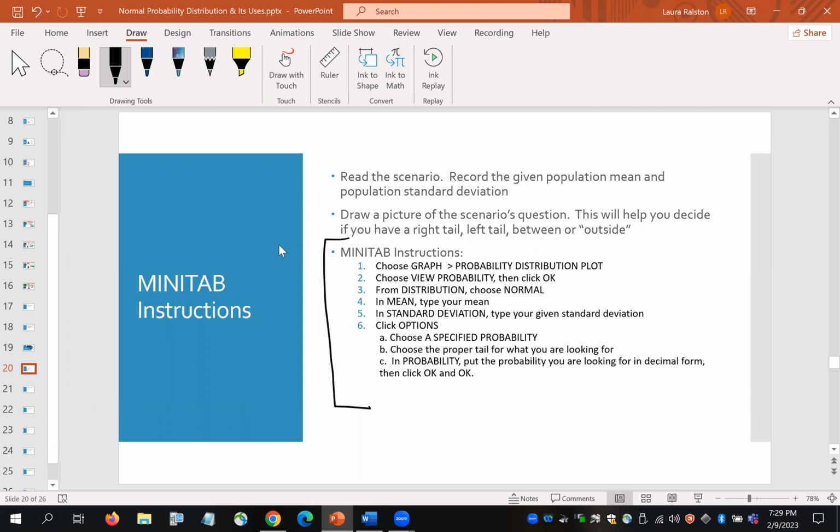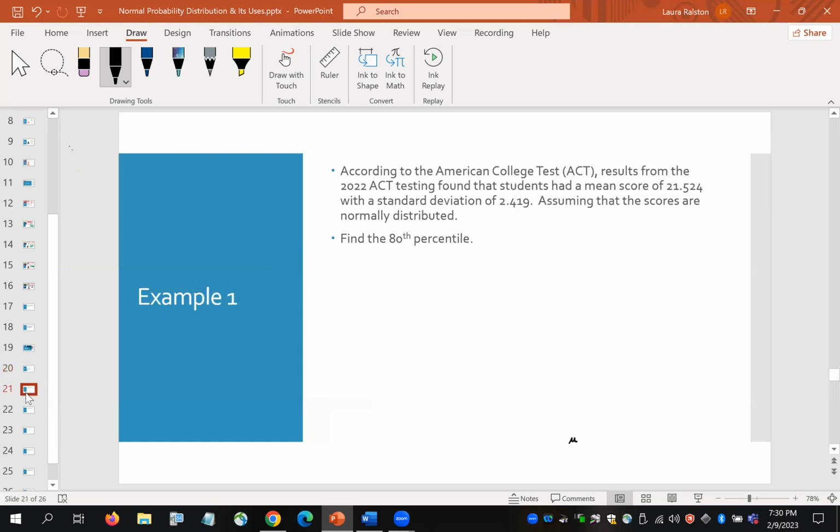I will tell you that primarily for these type problems in this course, I tend to stick with right tail, left tail. Now, in the real world, that might not be the case. Okay. So let's take a look at an example.